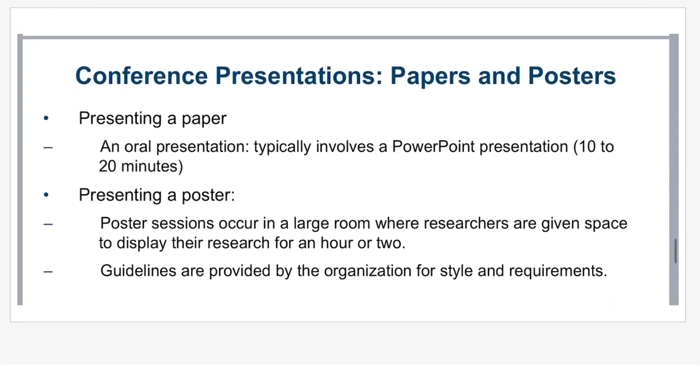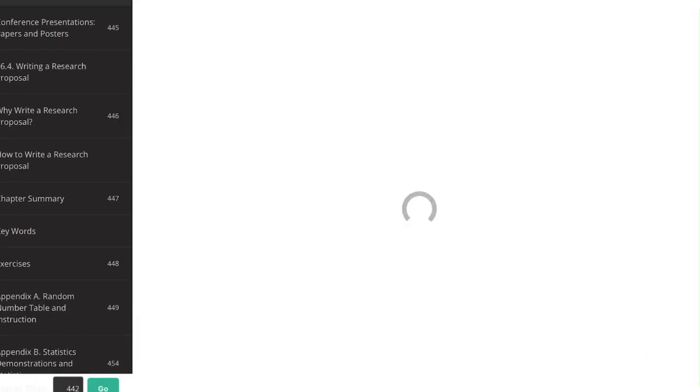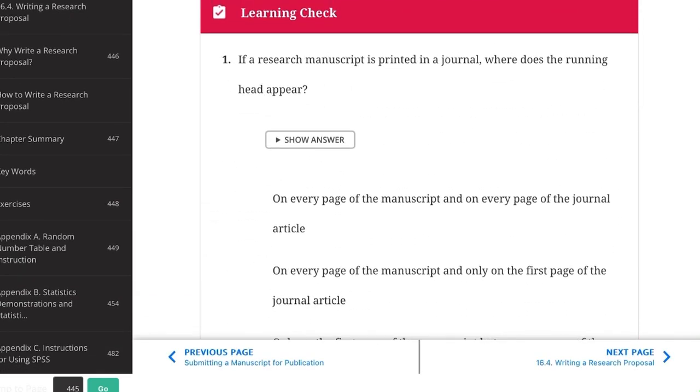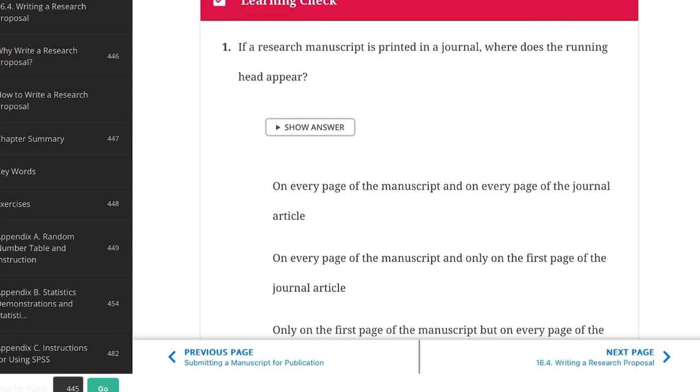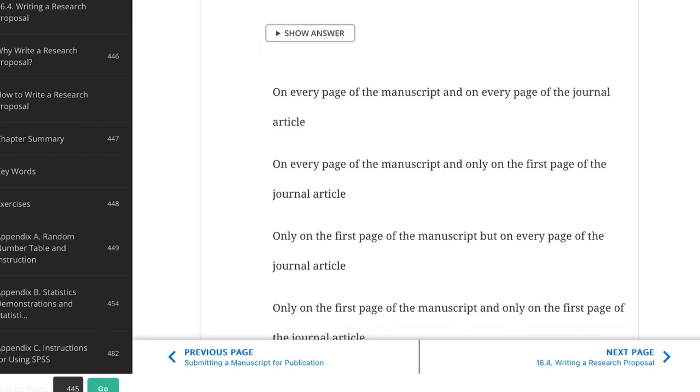And then first I wanted to do the learning check for the end of this section really quickly, and then we will move on to 16.4 because that is really it. So if a research manuscript is printed in a journal, where does the running head appear?